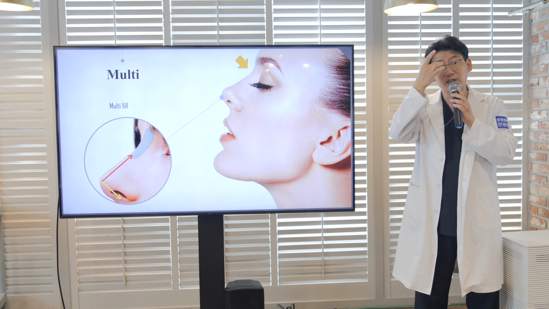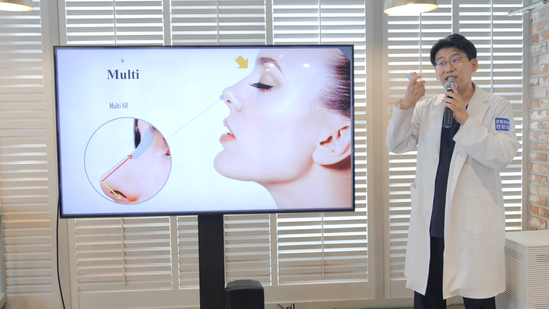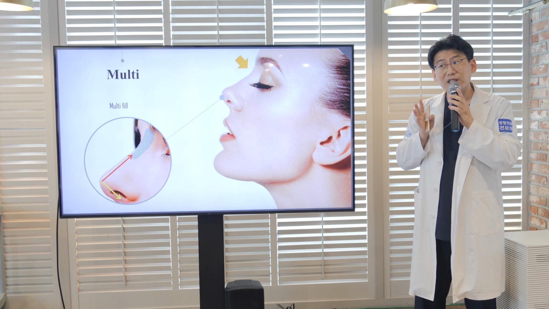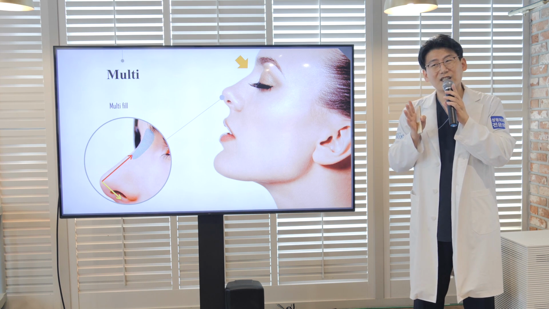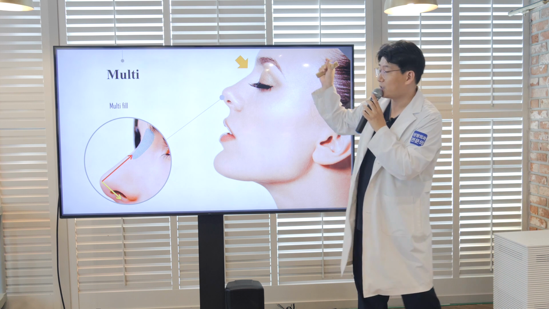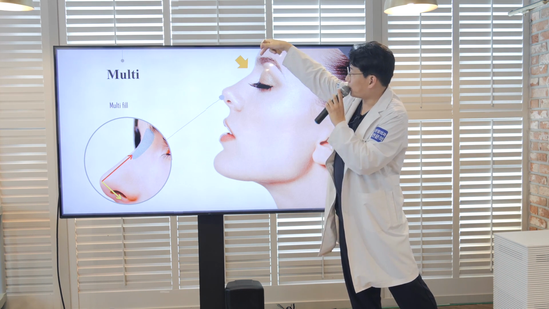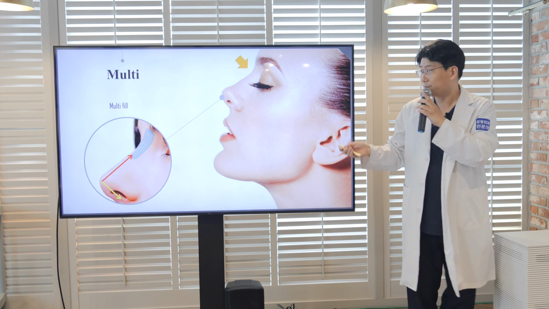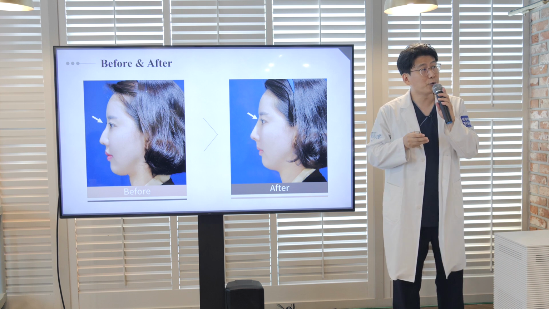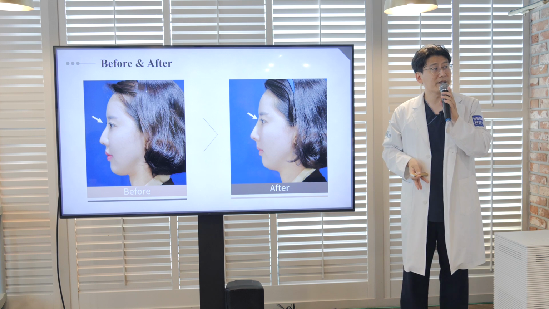In the case of a hump nose patient, we can inject filler, but it's sometimes very dangerous and complicated. If you insert the multi-line thread from the forehead, it's very easy to approach. I only use thread instead of filler to correct this hump nose patient.